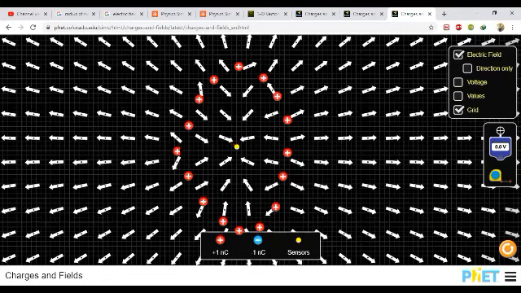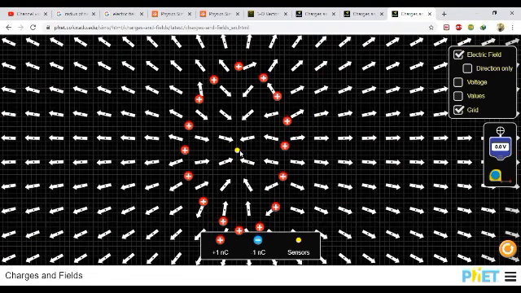Zero. But when you move about, you are getting an electric field, but when it is at the center, it is zero. You can observe. Throughout the circle we have a field, but when you keep the point at the center, it is zero.